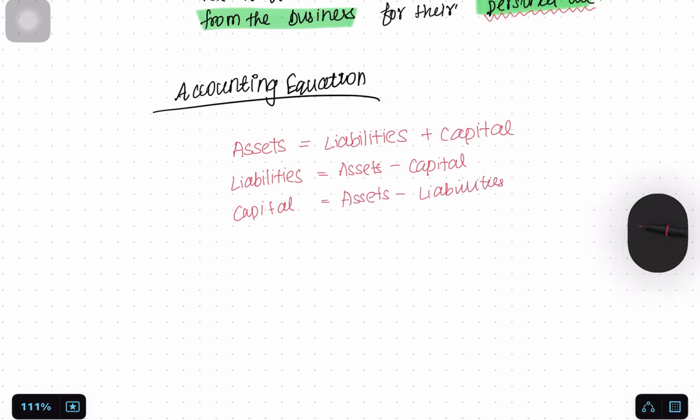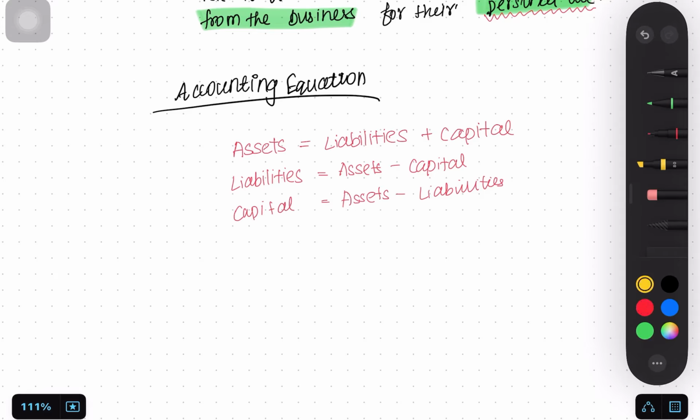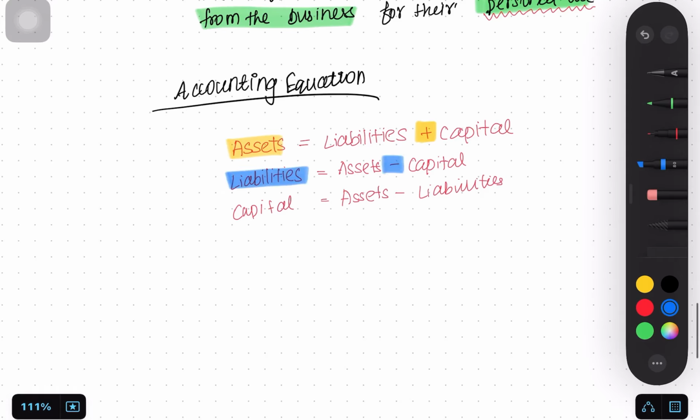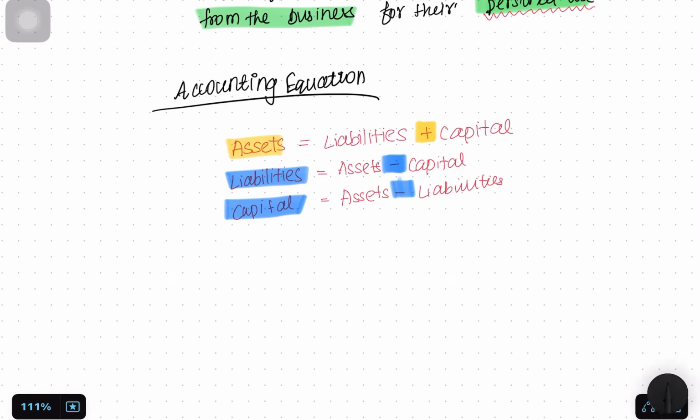But don't forget that in the original accounting equation, to find the assets it is plus, to find the liabilities it's minus, and to find capital it's minus. So don't get confused. Moving on, you may be given examples of assets and liabilities and asked to calculate the missing figure for capital in most questions that appear on paper 1. So this is a tip that you can note down.